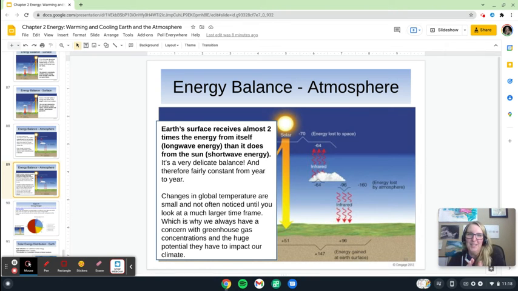But the Earth's surface receives almost 2 times the amount of energy from the atmosphere than it does from the sun. So really, we have the sun fueling the system. If we didn't have the sun adding this heat energy, we wouldn't be able to emit at these temperatures to start with. But once we get that energy in between the surface and the atmosphere, there's a lot done with it to keep our temperatures at what they are.